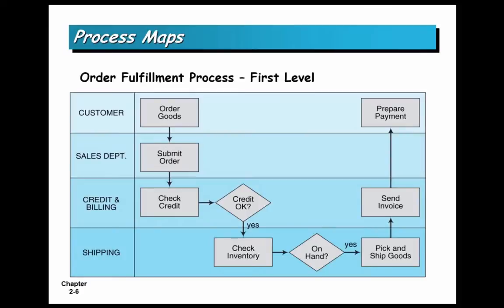If there's not, again, this is exception processing. You don't show it here. Once they pick the goods, the invoice goes to the billing department, which happens in this company to be the same department as credit. And that bill goes directly to the customer. The sales department is not involved in the billing. So the picture tells that story. Okay?